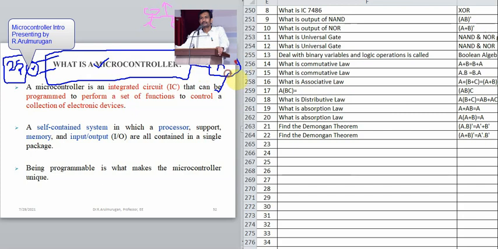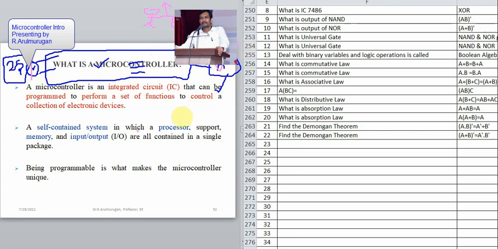So write the program. I will repeat again: the room temperature is 25 degrees. Whenever the room temperature increases above 25 degrees, the air condition needs to turn on.